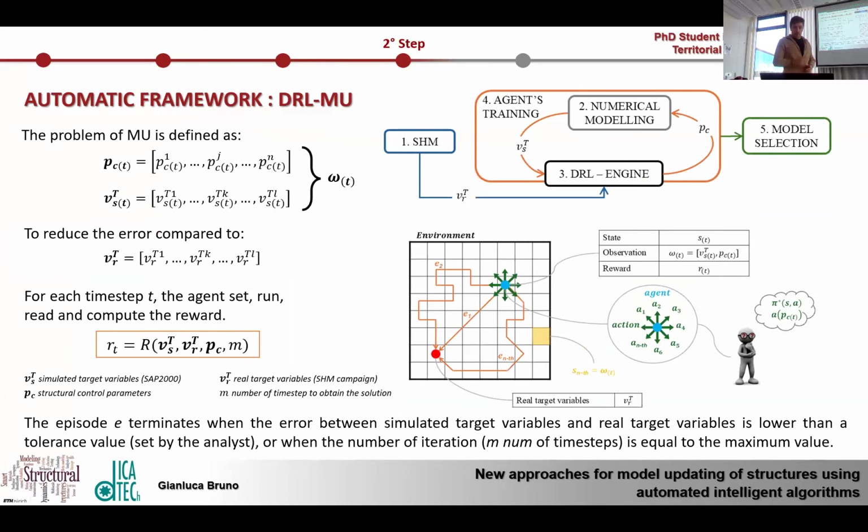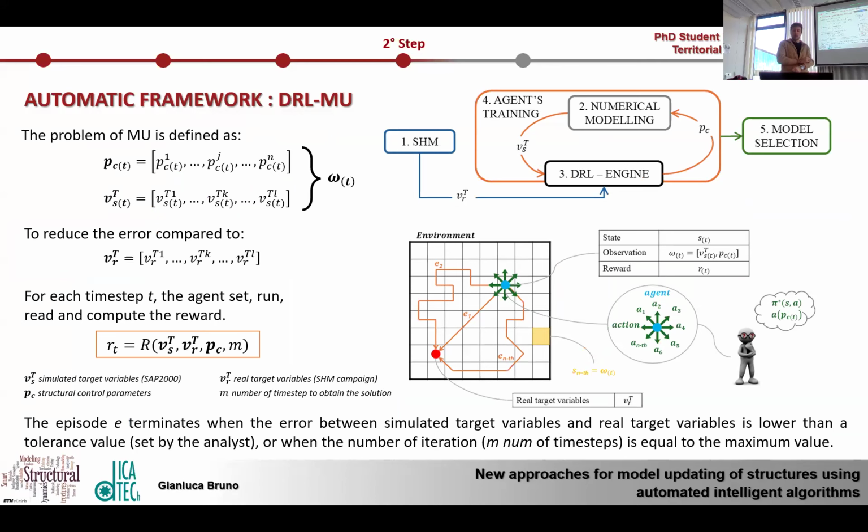So for each time step, the agent performs an action on the control parameters. In particular, we can see that the actions are variations of the parameters.